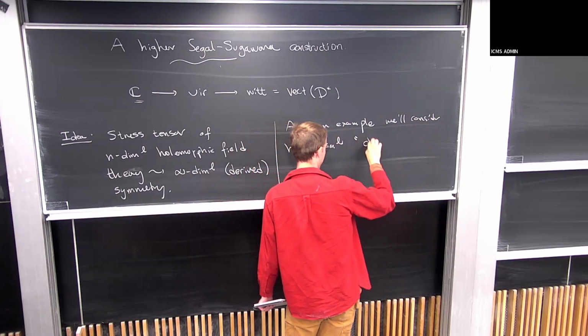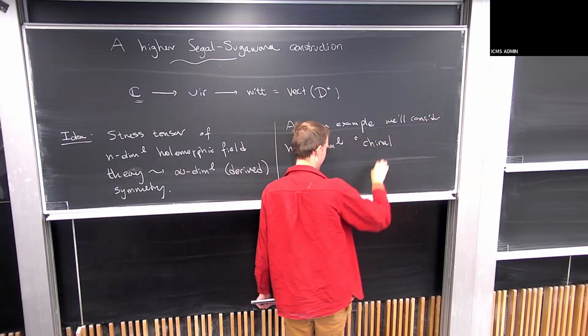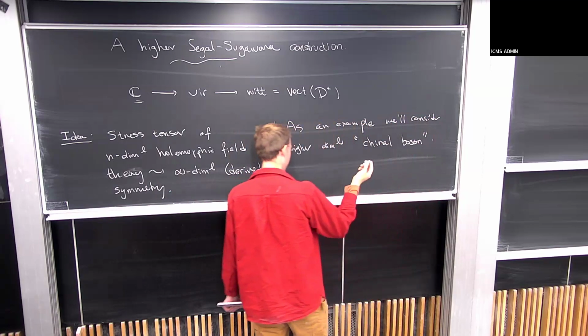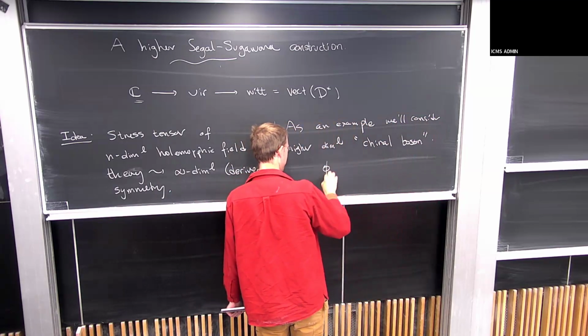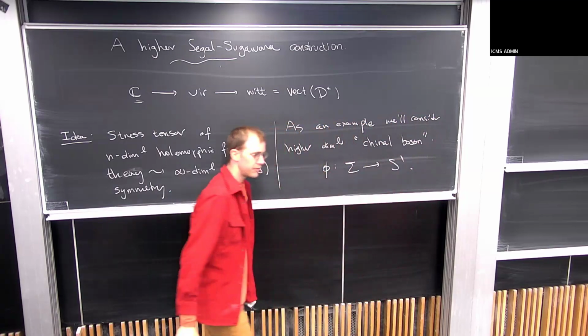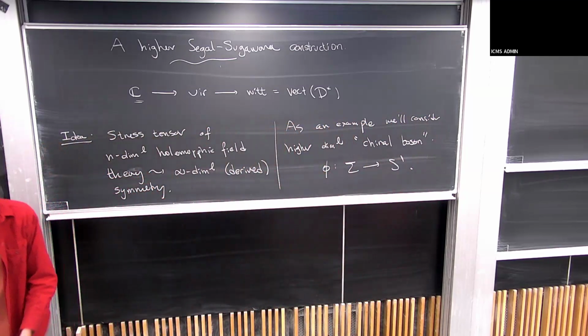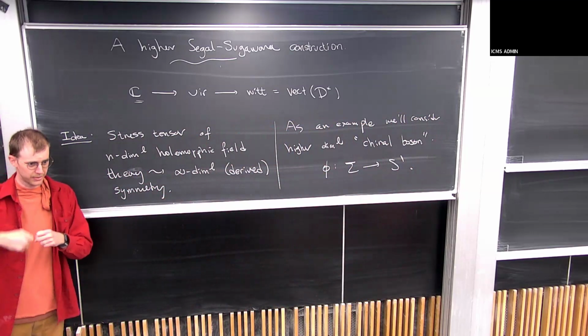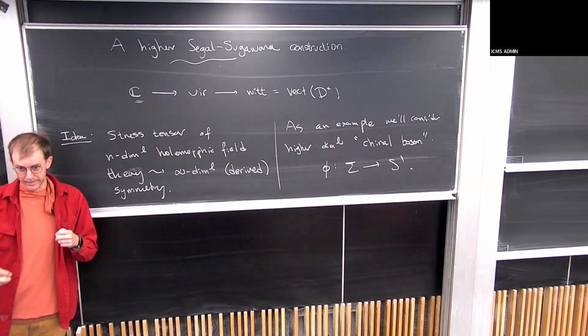Really, I'll study just the chiral part of that, which describes very simply the chiral sector of maps from a Riemann surface into just a circle. Okay. So that's a nice CFT. This thing splits into chiral and anti-chiral parts, and I'm going to be generalizing the chiral half of that CFT.